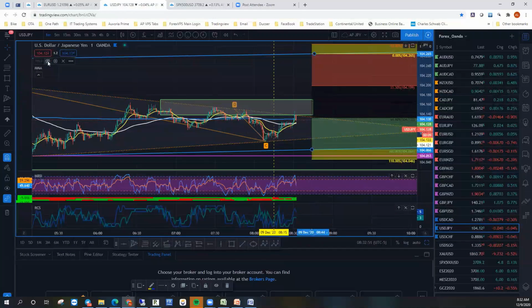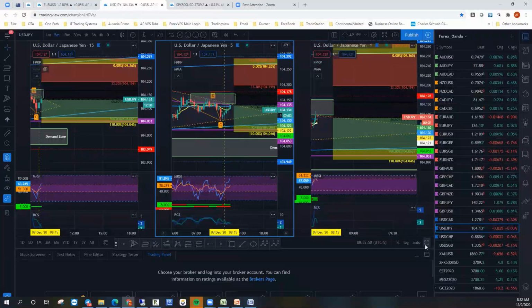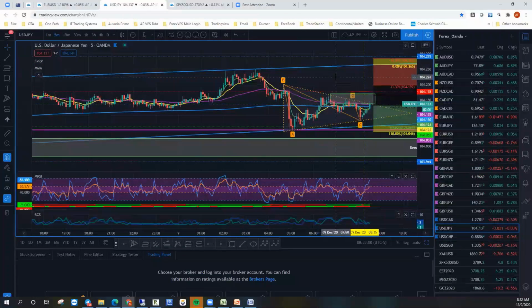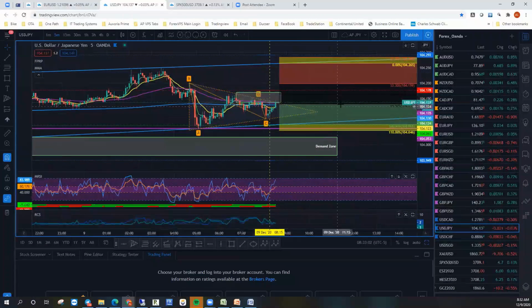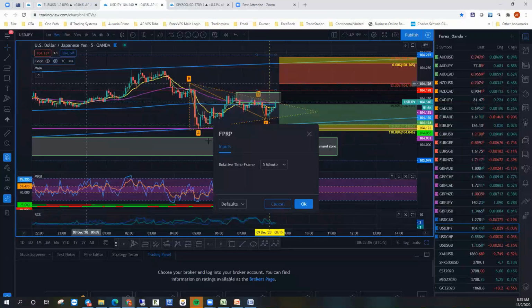We'll check our Fibonacci lines. Let's go to our 5-minute chart and see where things are. Actually, we'll go to a 15-minute and see where the 15-minute lines are.